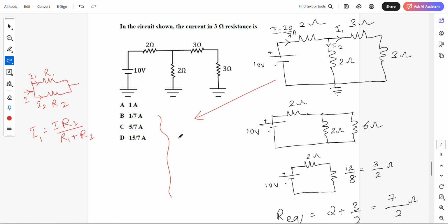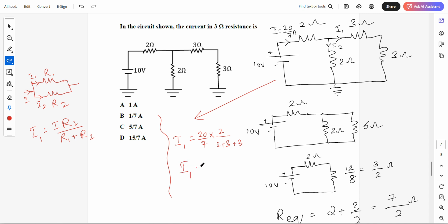I1 will be equal to how much? I1 will be equal to main current. How much is the main current? 20 by 7, into resistance of the other branch. Other branch means how much? 2, divided by sum of the resistances. How much is the sum of the resistances? 2 plus 3 plus 3.